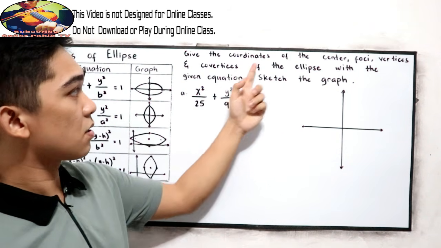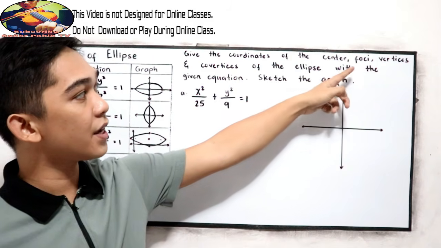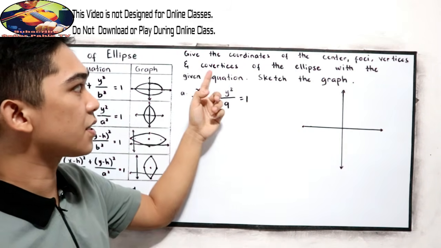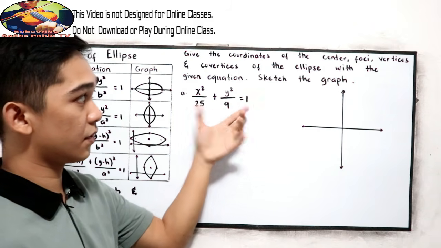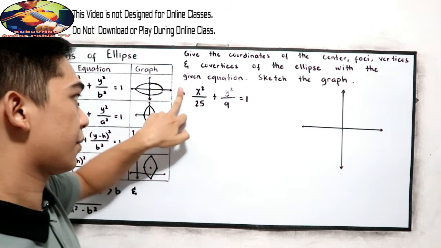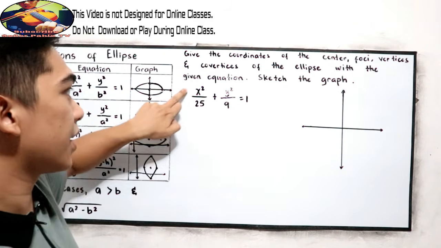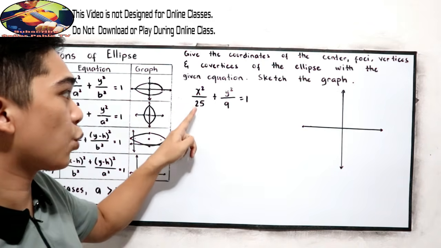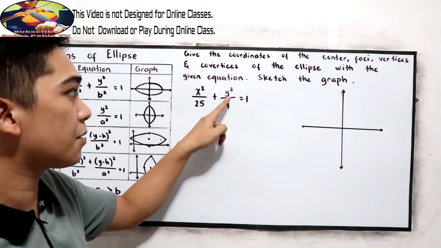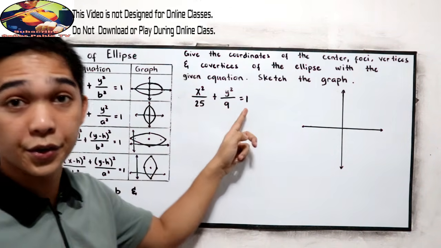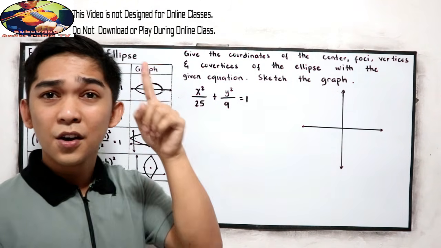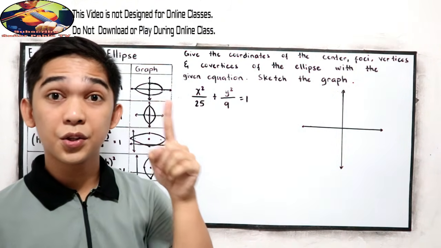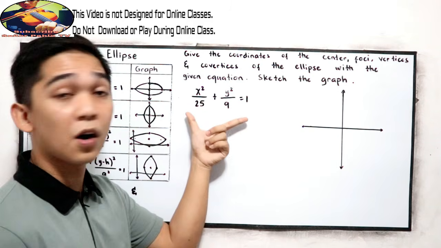Give the coordinates of the center, foci, vertices, and co-vertices of the ellipse with the given equation. Sketch the graph. So let's say our equation is x squared over 25 plus y squared over 9 is equal to 1. First step, you need to determine the form of the equation of our ellipse.